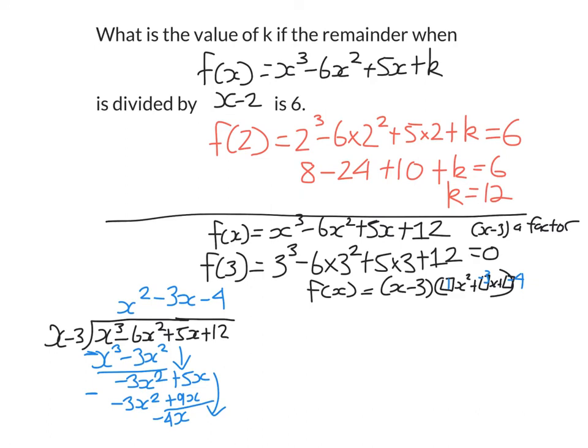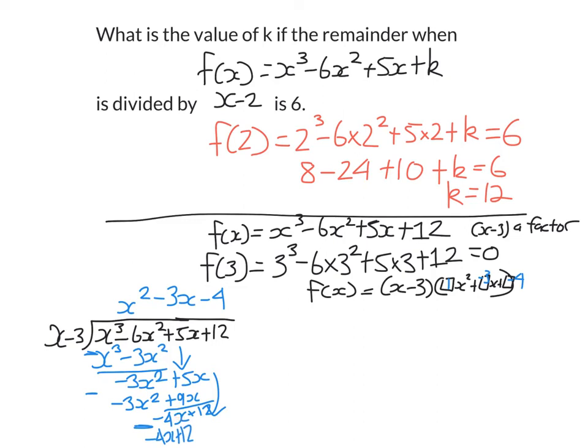So I bring down this positive 12. Remember, whenever I get a number up here, I times by the linear factor. So I times minus 4 by x gives me minus 4x. And minus 4 times minus 3 is positive 12. So now, if I subtract again, the remainder I get is 0.